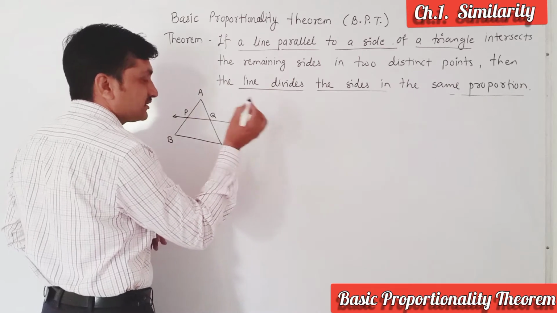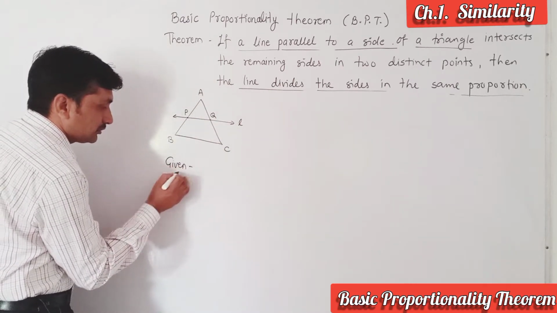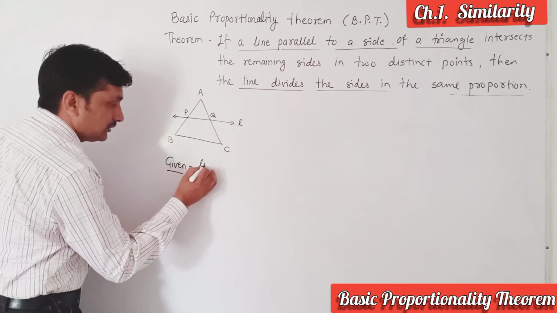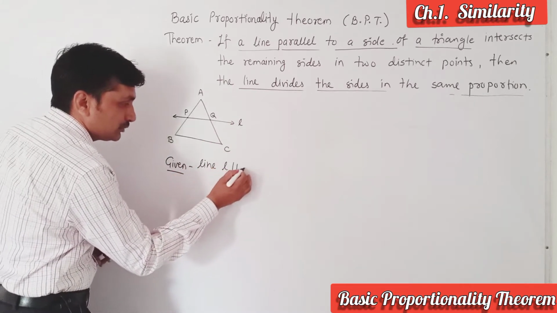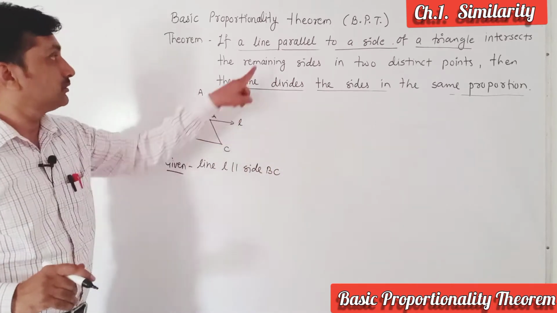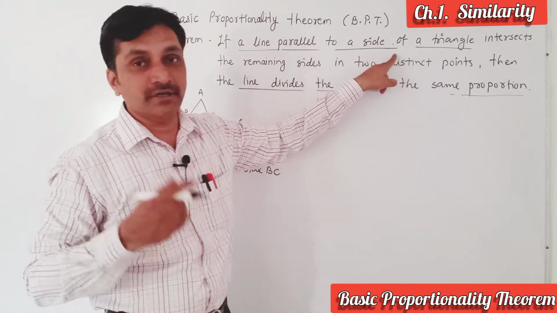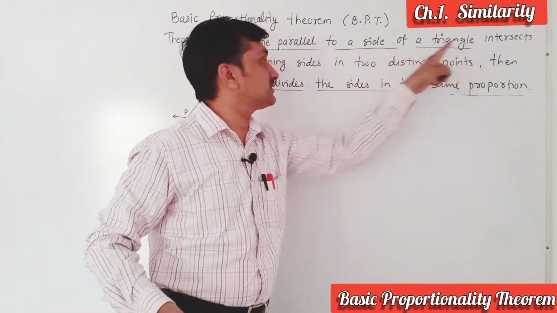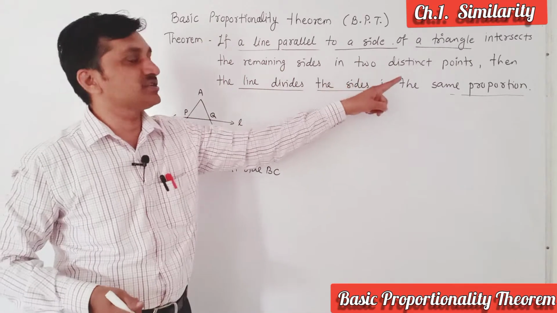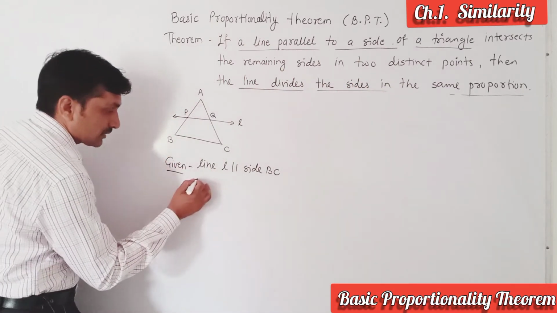That we have to write as the given. Now I write here: Given. What is given? Line L is parallel to side BC. Again, what is given? That line intersects the remaining sides in two distinct points. Which two distinct points? P and Q. That also we have to write.